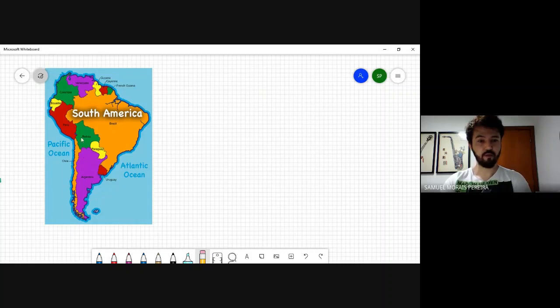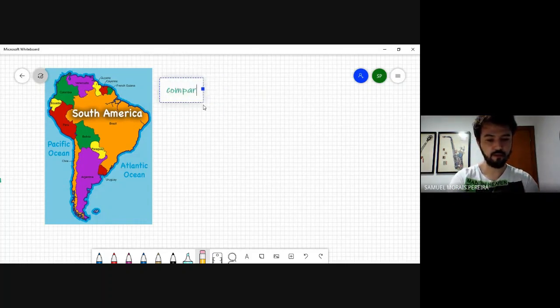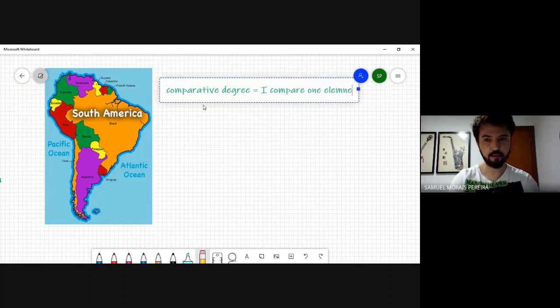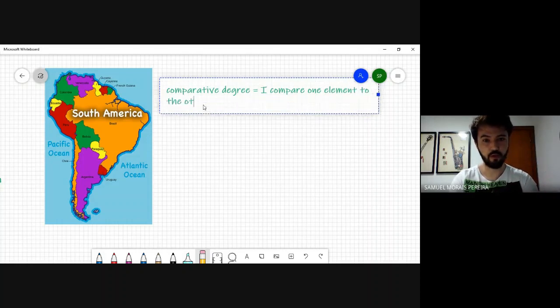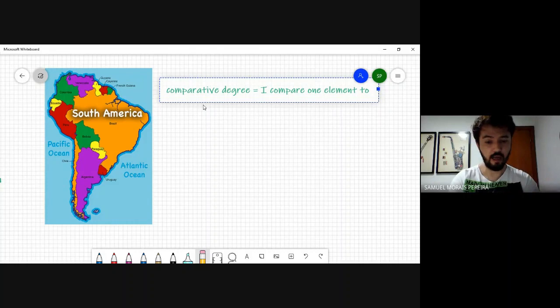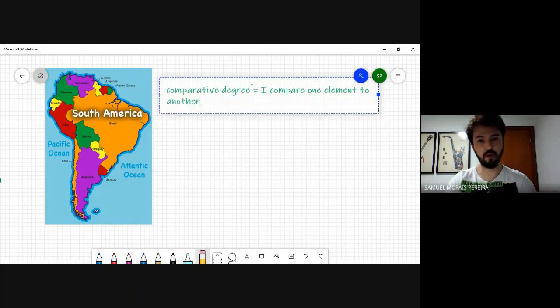If I compare Bolivia to Argentina, I am comparing one element to another element. When I compare one element to another element, I am using the comparative degree, que é o grau comparativo. No grau comparativo, ó, I compare one element, okay, just one element to the others, or to another. Ó, eu comparo elemento, one element, to another.